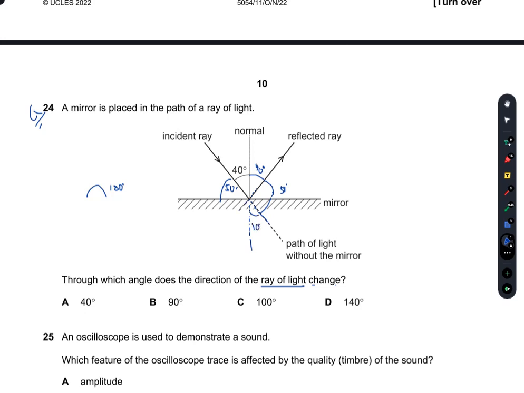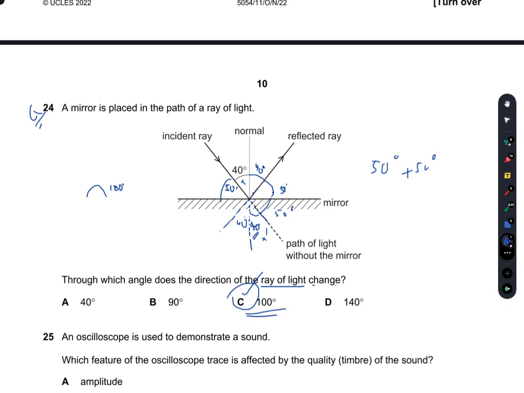And if I also construct a ray here, this will also be equal to 40 because these both are x and x prime, alternate angles. If this is 40, then this would be 50 degrees. 50 plus 50, that is 100 degrees. So the ray has deviated by an original angle of 100 degrees. So C is the right option.